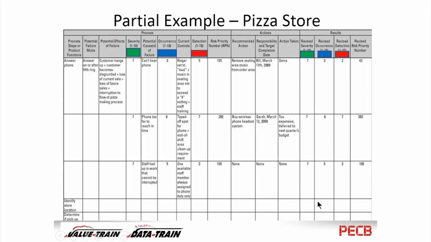Even if you're making change for a customer, you can answer the phone. And if your brain will allow you to do this, you can count out change, hand it to the customer, say, thank you, come again, and also be talking to somebody on the phone. I couldn't do that, but maybe somebody can. And then they made some recommendations, and you can see the recommendation here was to buy a wireless headset, and it was assigned to somebody.